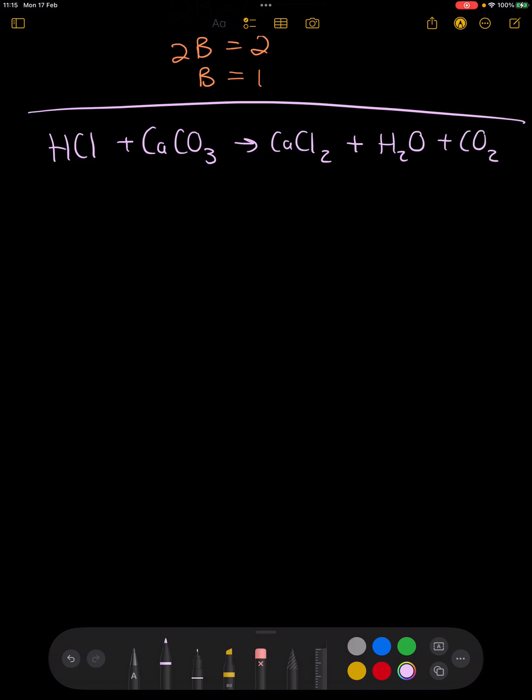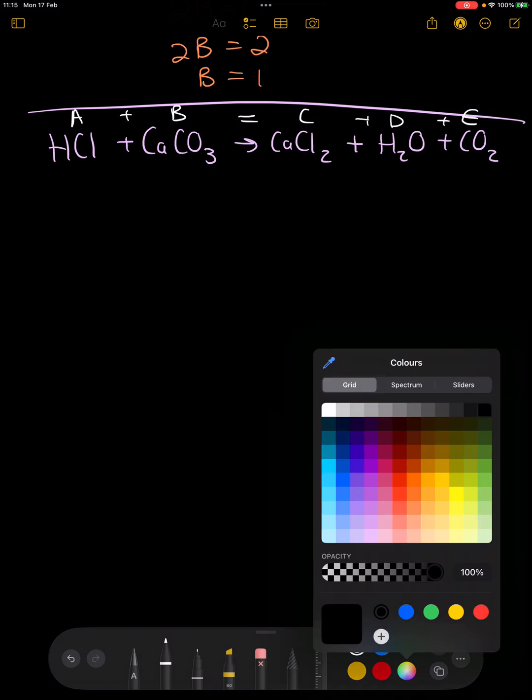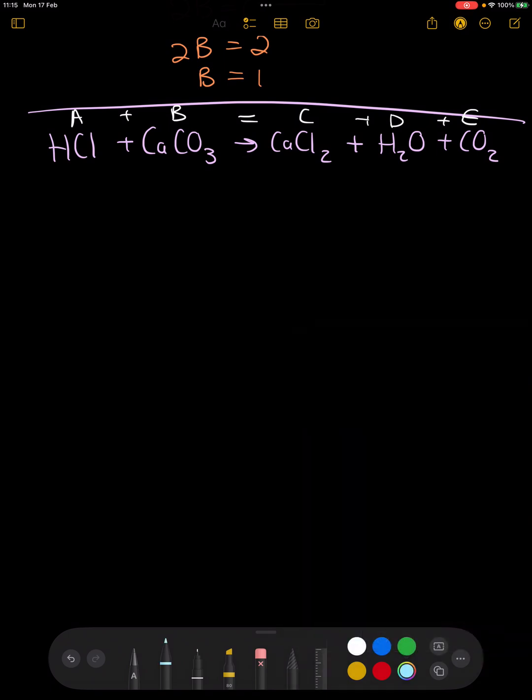Once again I'm going to write down A at the top there, B over there, C, D, and E. Then in my next step I'm going to write down all of the elements that I have. So how do I know if something's an element or if something's a compound? If something is a capital letter, so here we've got a capital H, we've got a capital C and a small l, meaning capitals show us where elements are.